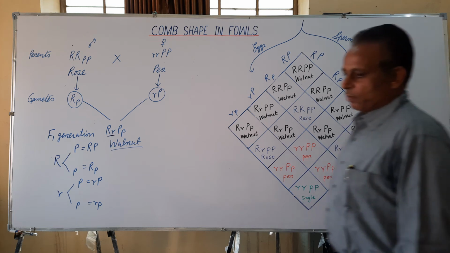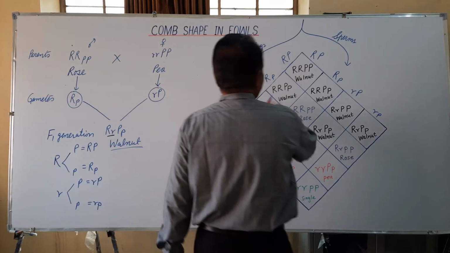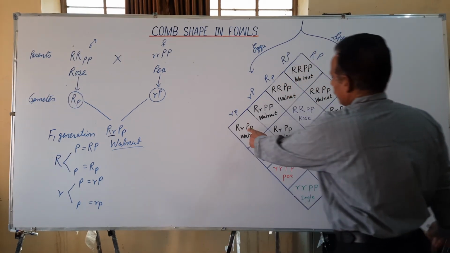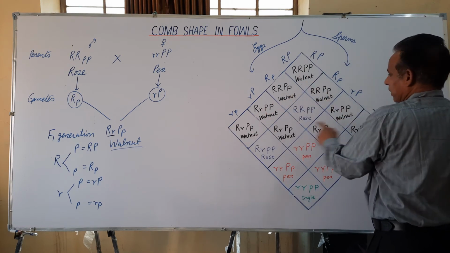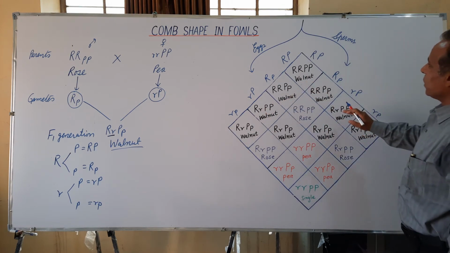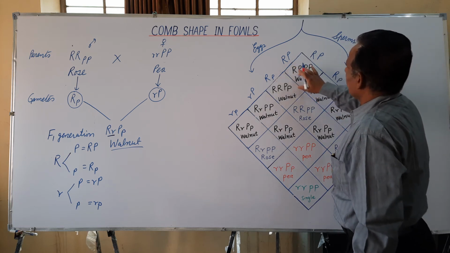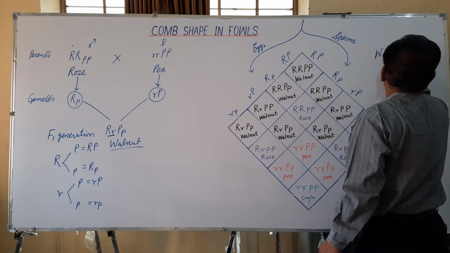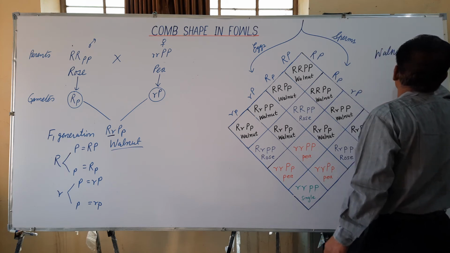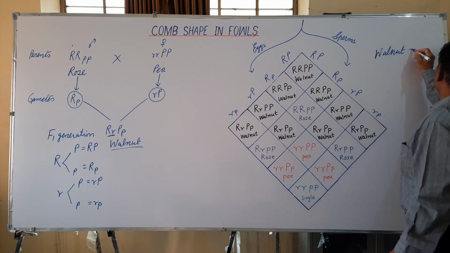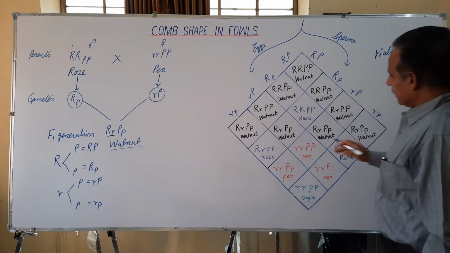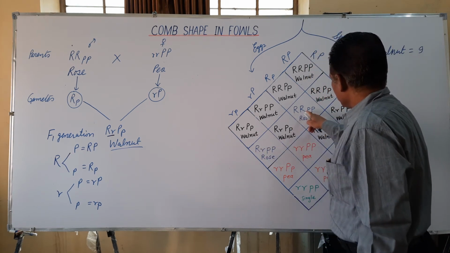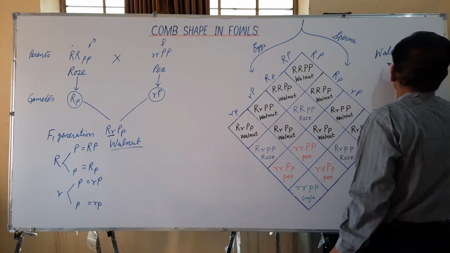Out of these 16 types of zygotic combination, in 9 both dominant R and P are present: 1, 2, 3, 4, 5, 6, 7, 8 and 9. So in presence of both dominant R and P, the shape of the comb is walnut. So the proportion of walnut out of 16 is 9. And in 3, dominant R is present. As a result, the shape of the comb is rose.